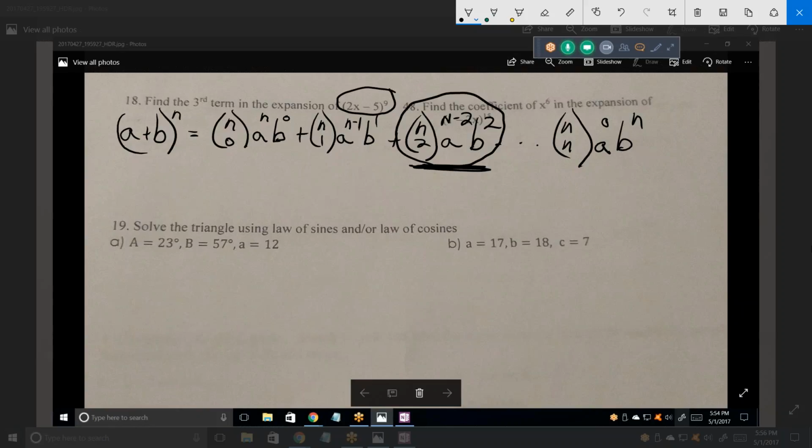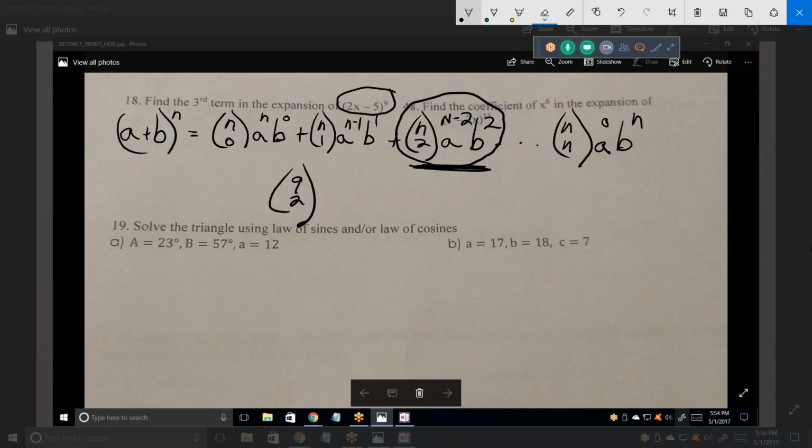So how would I write my n choose 2? 9 choose 2. What's the rest of it? A to the, not A, because A is 2x.